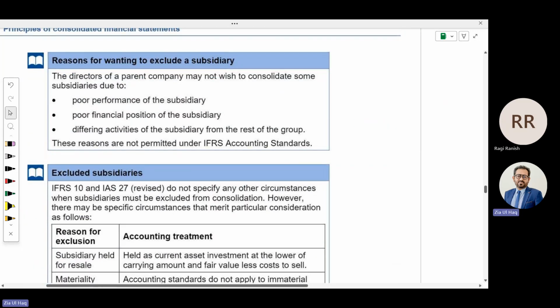Reason for wanting to exclude a subsidiary. Meaning if you are not consolidating any subsidiary due to these reasons, that will not be accepted.